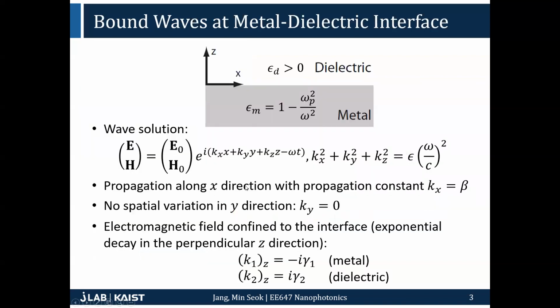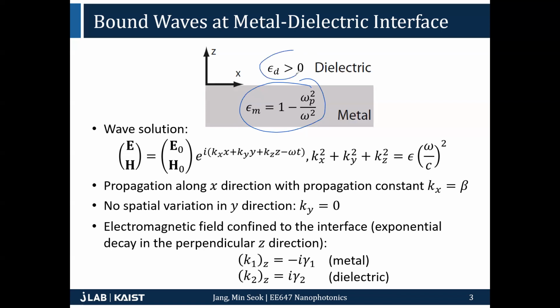So what we are gonna do is the same as we did before. The only difference is that now we are dealing with a dielectric-metal interface instead of a dielectric-air interface. So here, we have a metal with a permittivity that looks like this, as we learned.